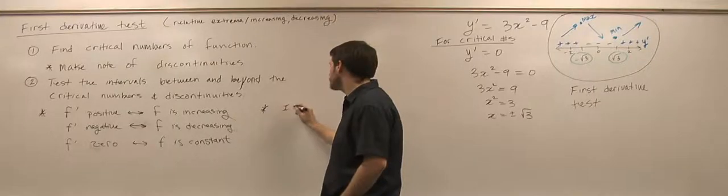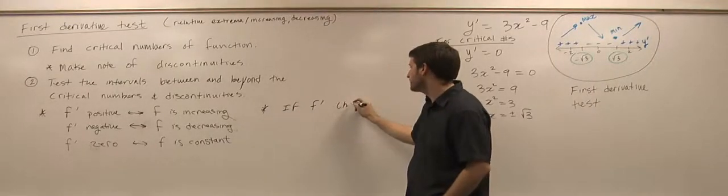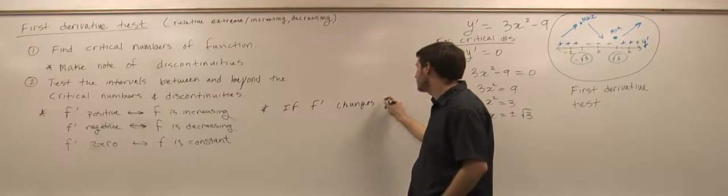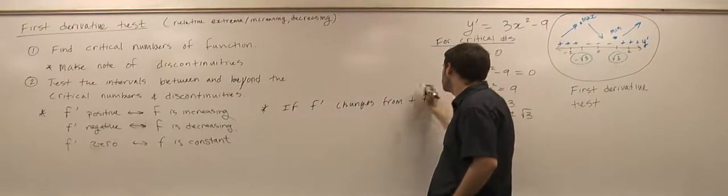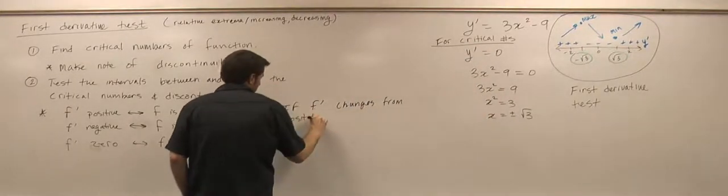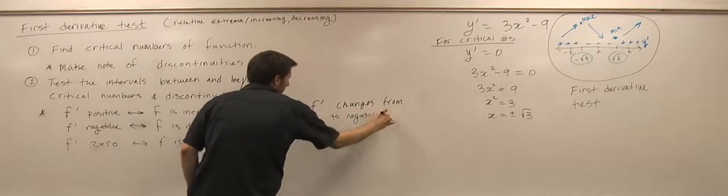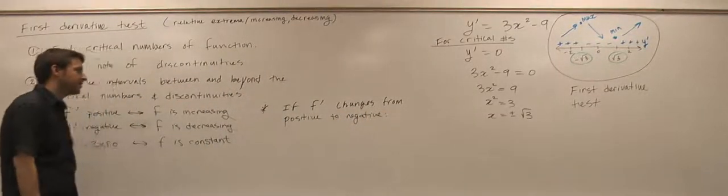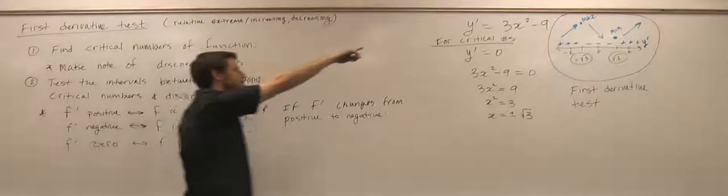So if the sign changes, if f prime changes from positive to negative, what do you think that means about f? Relative max. Relative max. That's this situation.